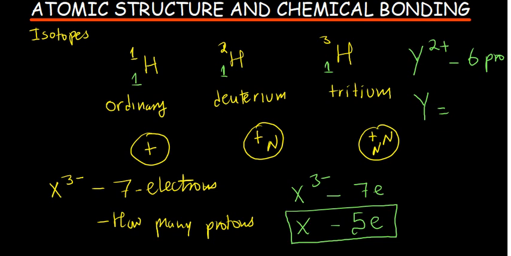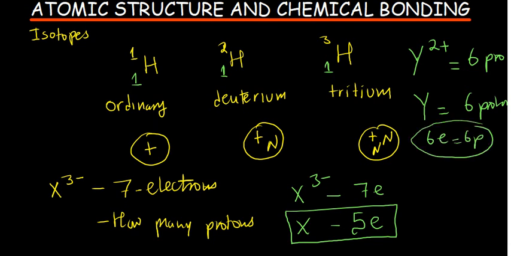The number of protons is always the same, whether something is charged or not. So if this one has 6 protons, even the neutral one is going to have 6 protons. In the neutral one, the number of protons is equal to the number of electrons. So I've got 6 electrons, which is equal to 6 protons in the neutral one.